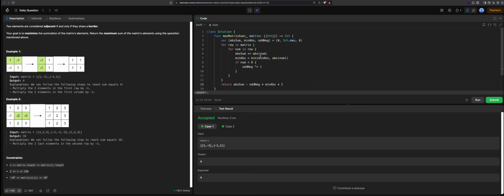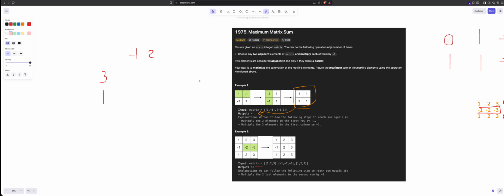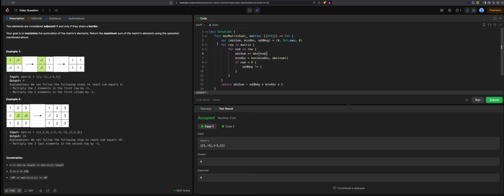So these two are explained here. And then we have odd negative. How many odd negatives did we find here? 1. So I need to leave out this odd negative. This is for the minimum absolute, and this is for the absolute sum, which are the 3 double variables that we declare on line number 3.